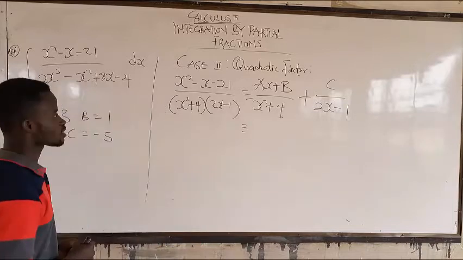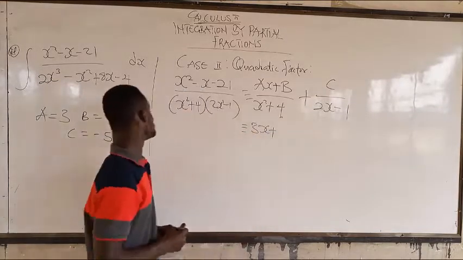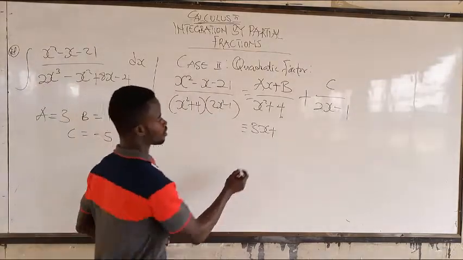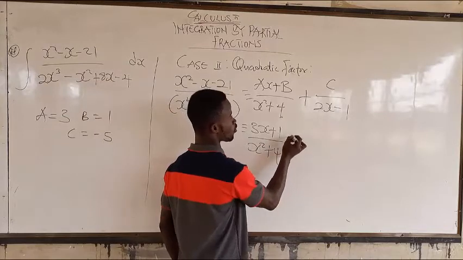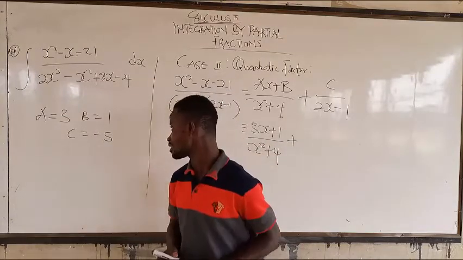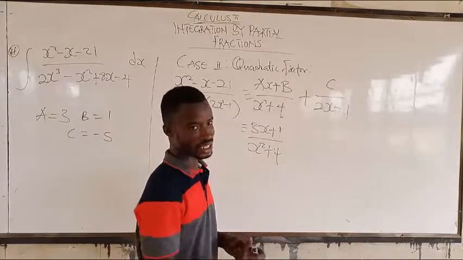A is 3, so 3s plus B is 1, over s squared plus 4, plus C negative 5. So the negative affects this.